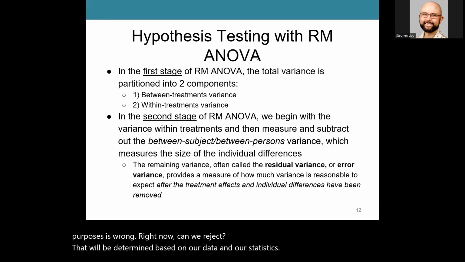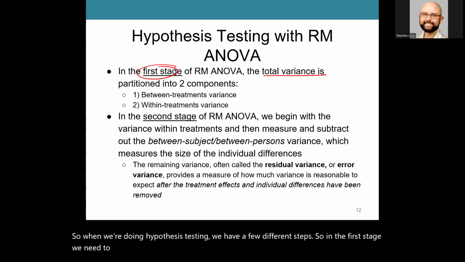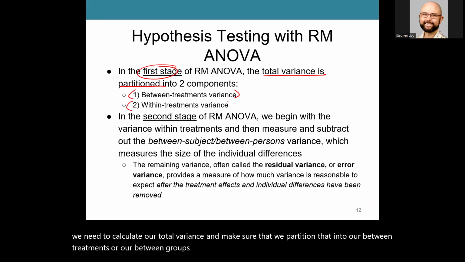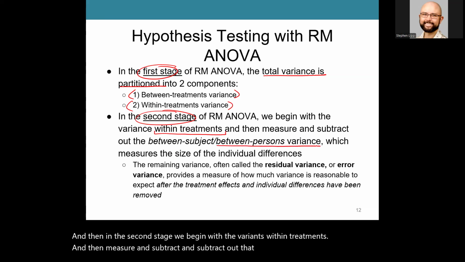So when we're doing hypothesis testing, we have a few different steps. In the first stage, we need to calculate our total variance and make sure that we partition that into our between treatments or our between groups and our error or our within. And then in the second stage, we begin with the variance within treatments and then measure and subtract out that between persons variance.